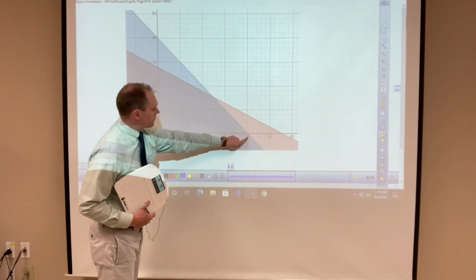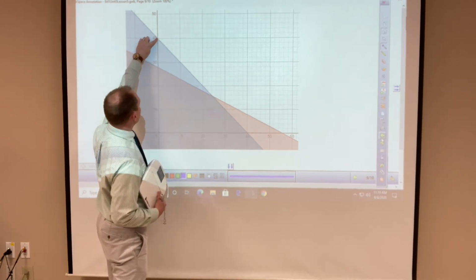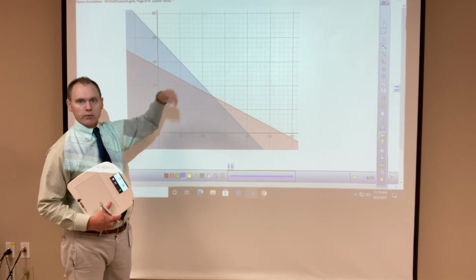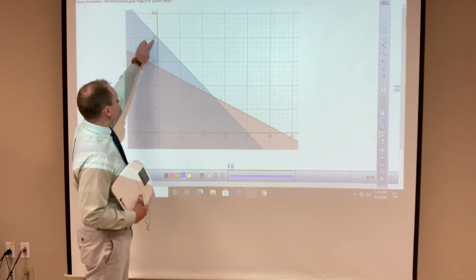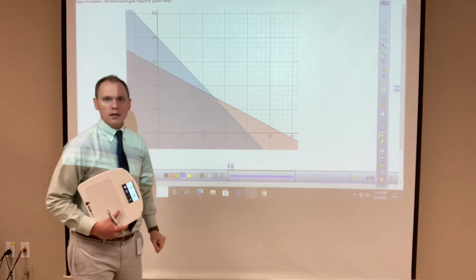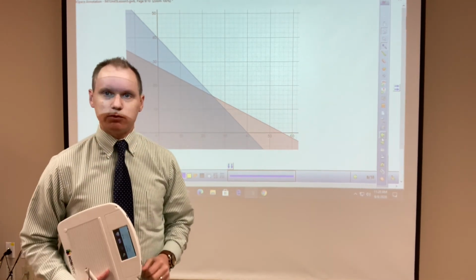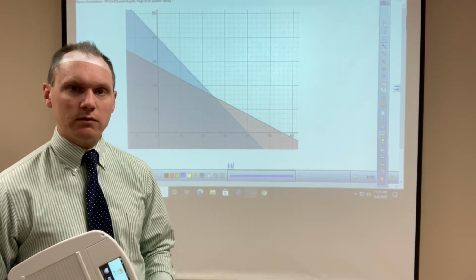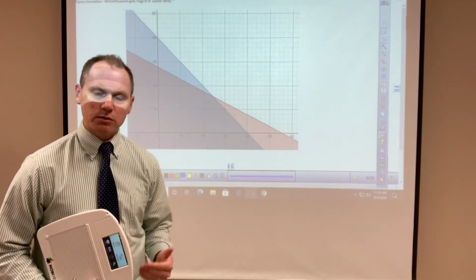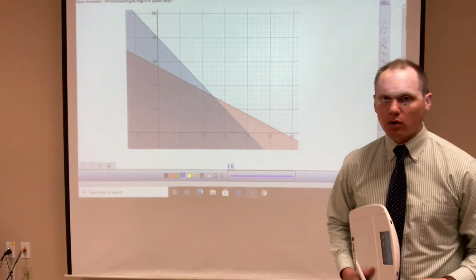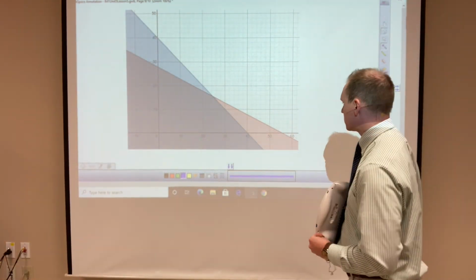We have an x-intercept of 40 and a y-intercept of 40 here. This is the number of items. We don't want to purchase too many items. So as long as we're below this blue line or on the blue line, then we're good in terms of the number of items purchased. Now, we want to satisfy both of those. We want to be under in terms of our cost, and we also want to be below or on 40 items purchased.